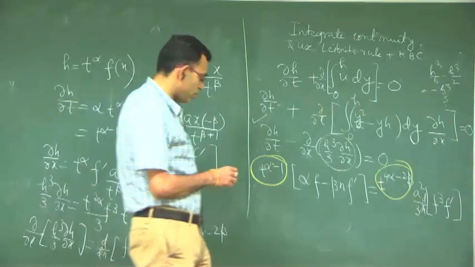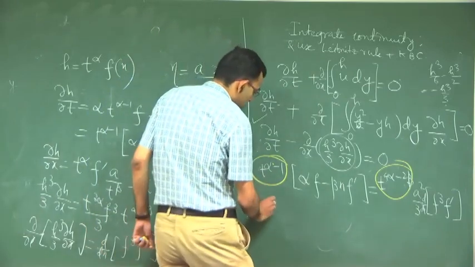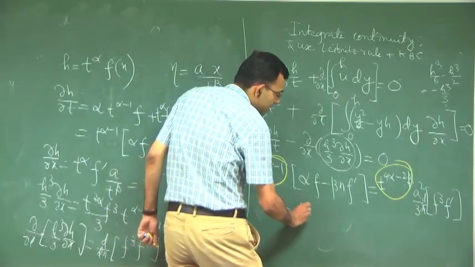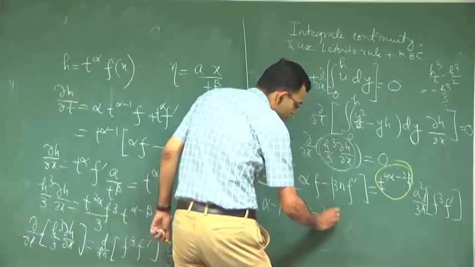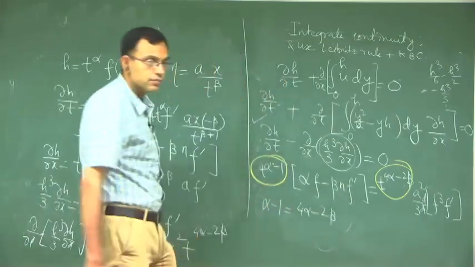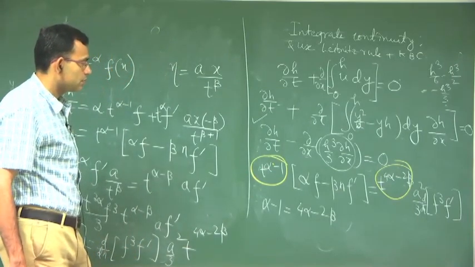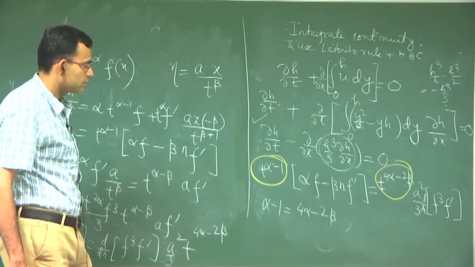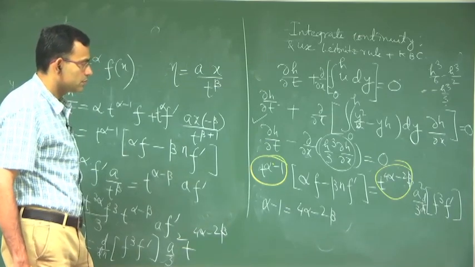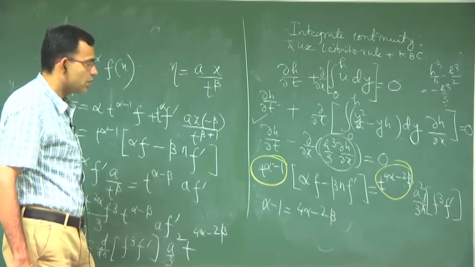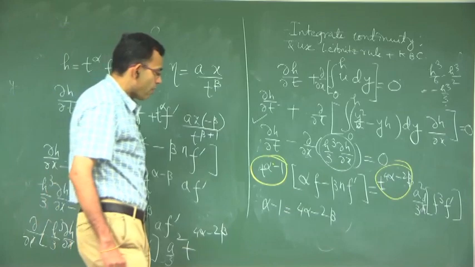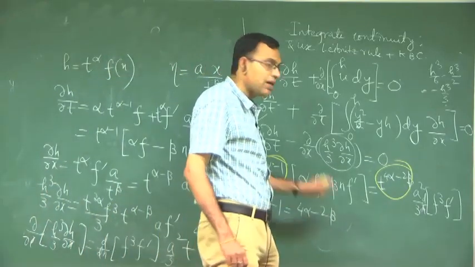So, if there is no presence of t, you must have alpha minus 1 is equal to 4 alpha minus 2 beta. But this does not tell you what is alpha and what is beta.